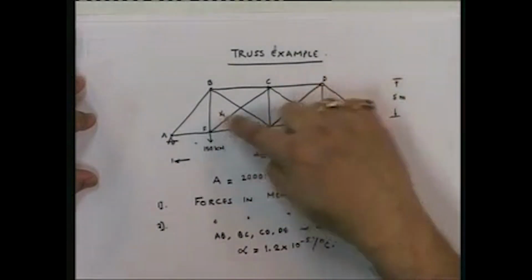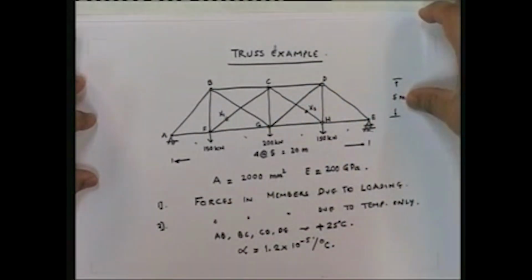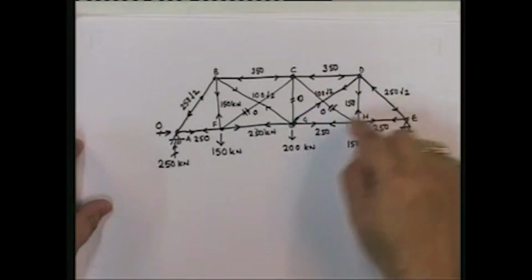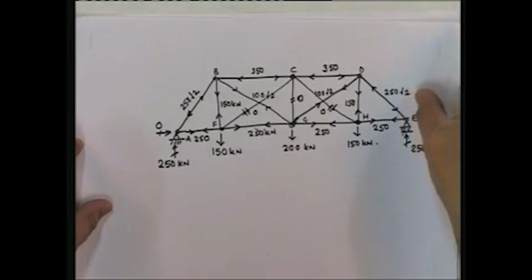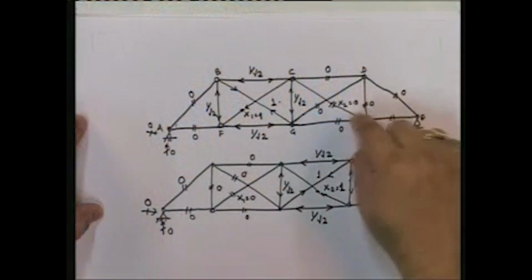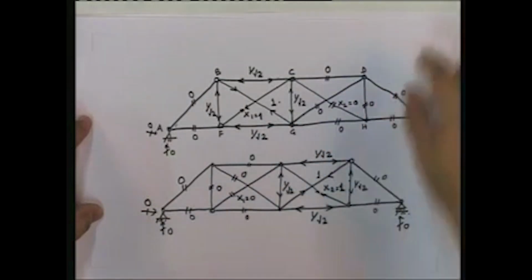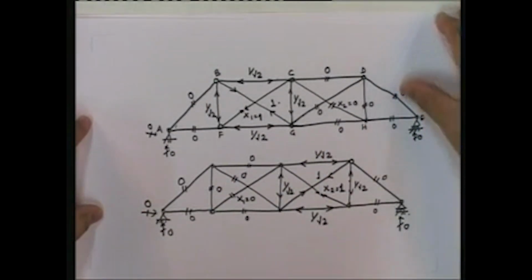For that, we took x1 and x2 as the two redundants, and then found the forces in the base structure, that is with both of them being 0. We found all the forces in all the members. Then we applied x1 equal to 1 and x2 equal to 0, found the forces, applied x2 equal to 1 and x1 equal to 0, and found the forces.